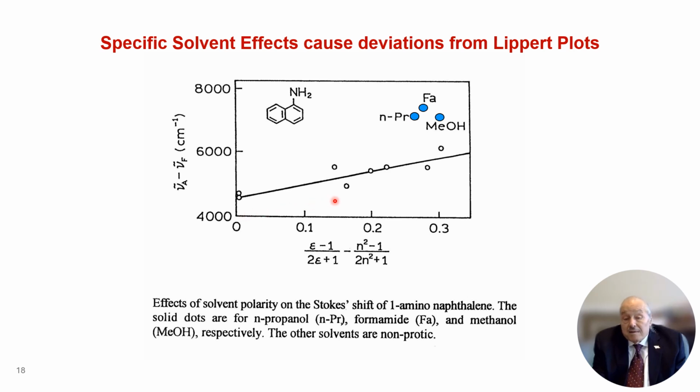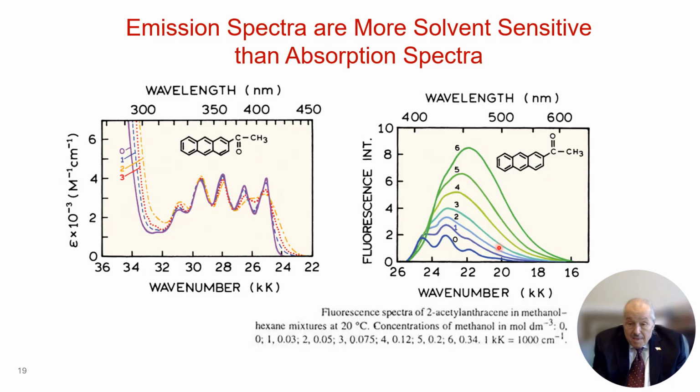If you look at different solvents along that scale, everything fits unless you have a protic solvent. These particular solvents, methanol, propanol, and formamide, have the possibility of forming hydrogen bonds. So that's where the Lippert equation fails, when you get to the protic solvents.